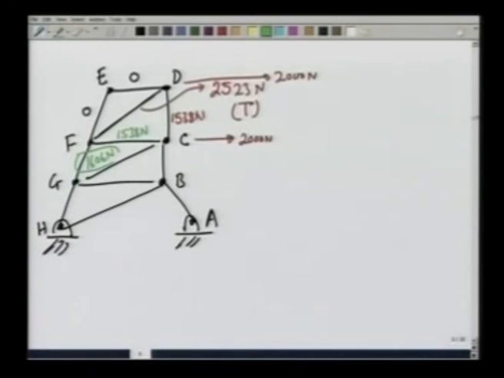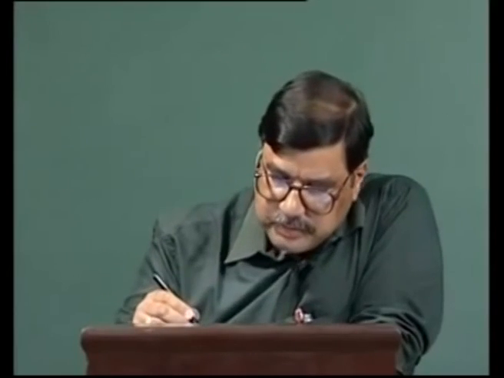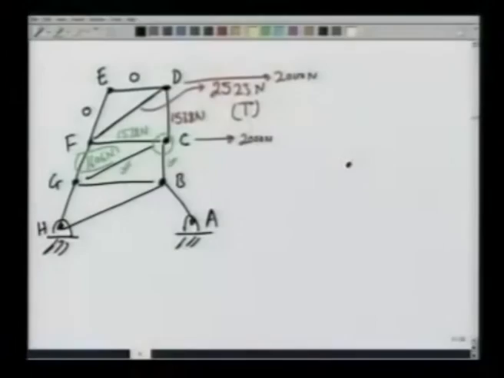Similarly, now I can go on. Now, you see, if I look at point C, the two forces 1538 and 1538 newtons are known here, and therefore, I can calculate F_CG and F_CB by balancing forces on point C. On point C, there is a load of 2000 newtons acting this way.